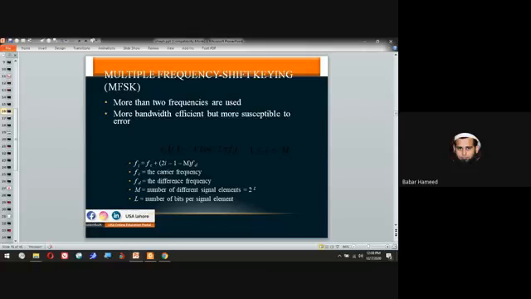Therefore, the modulator requires a bandwidth of W_d, equal to 2 M f_d, meaning the number of different signal elements times the carrier frequency required for each set of signal elements.